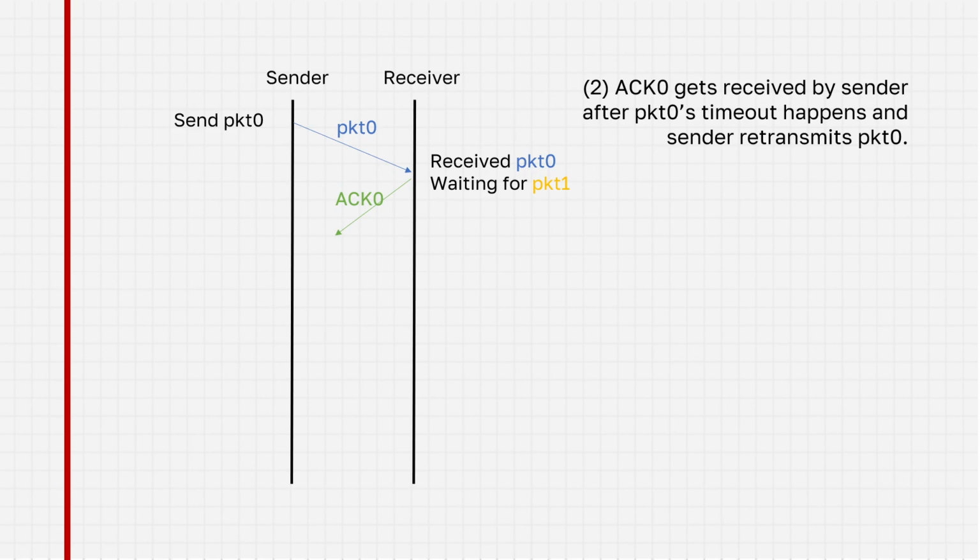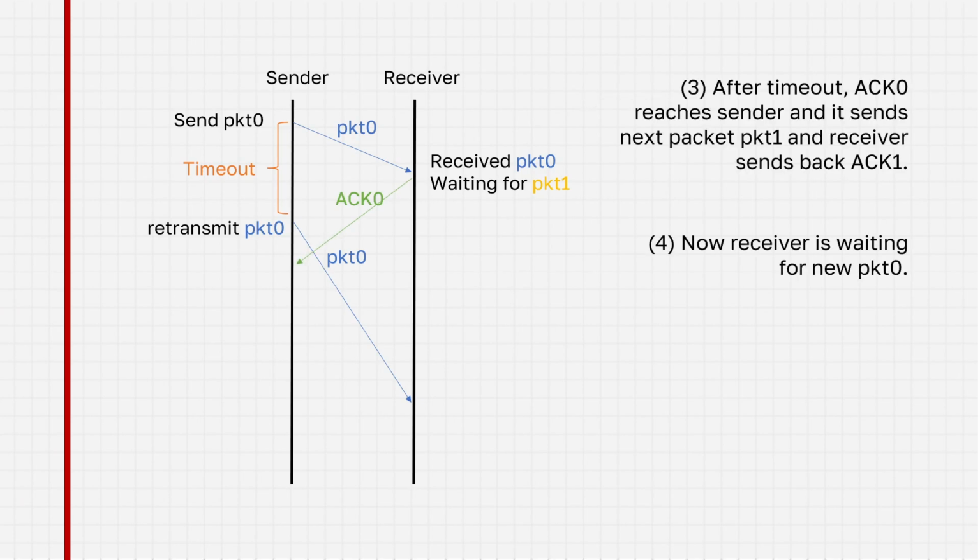There will be a timeout event such that this will retransmit packet 0. But here what happens is suddenly your ACK 0 comes. Once your ACK 0 comes, this will send packet 1, right? Because it will assume that this packet 0 has been ACKed. But in fact, this was the original ACK.